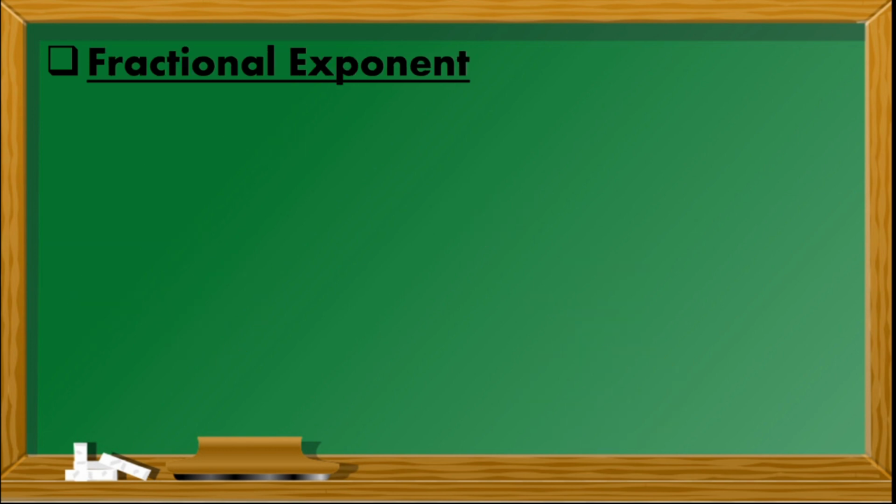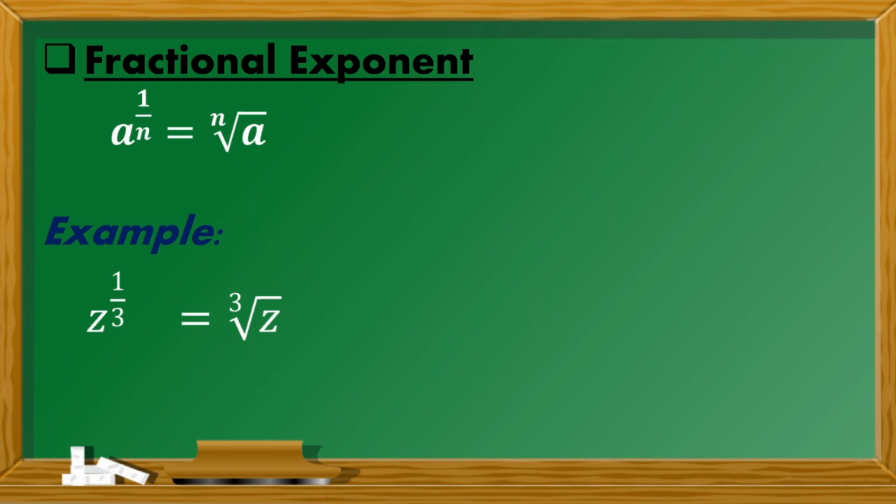Next, fractional exponent. Paano naman ito? Ito yung ating form, a raised to 1 over n. So, yung exponent niya ay in fraction. So, gagawin natin ay kukunin natin yung kanilang nth root. Kaya ang magiging sagot niya ay nth root of a.